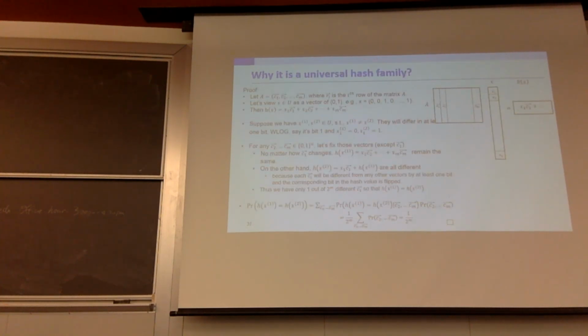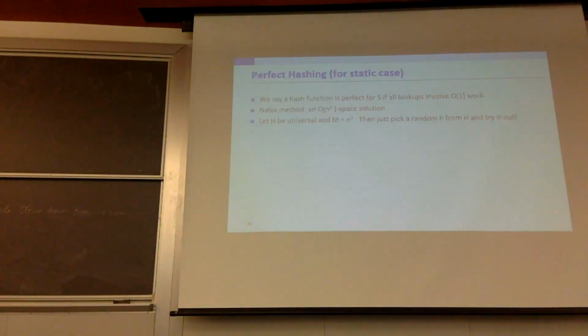I'll go through the proof. It's a fresh page here. This is already on Canvas, so if you need to review this material, you can take a look at the slide. But here I will start with an empty slide, just to go through the pieces.